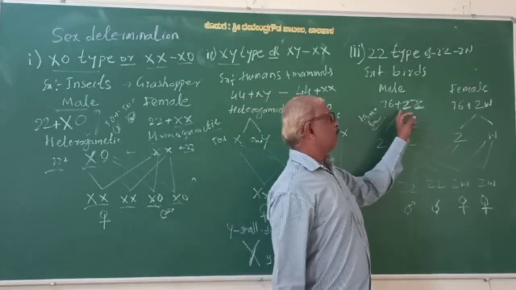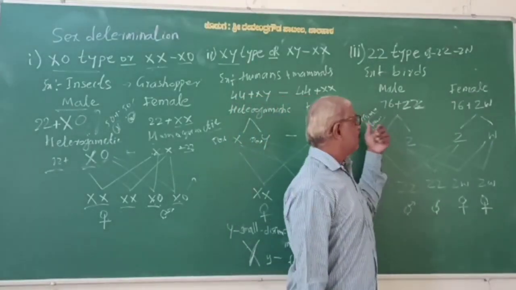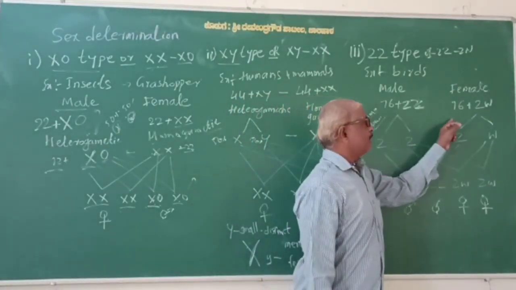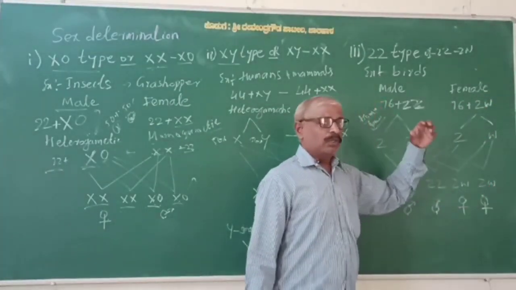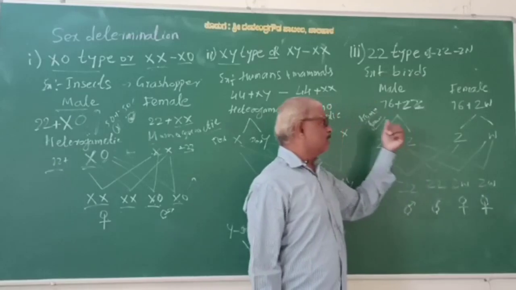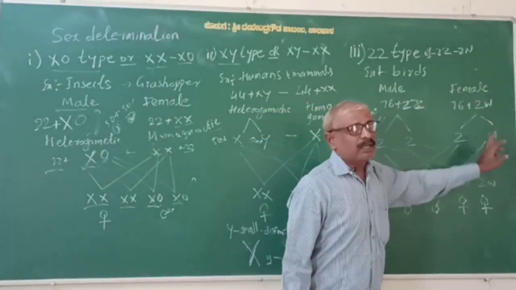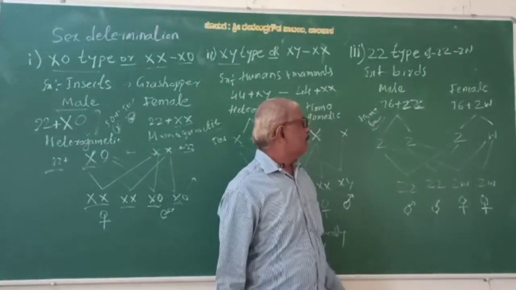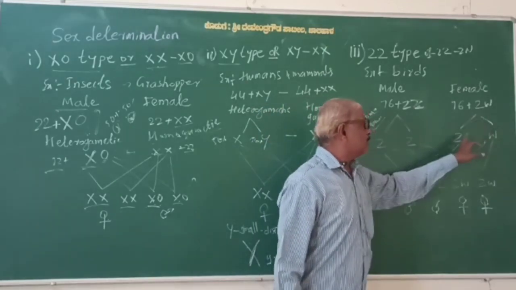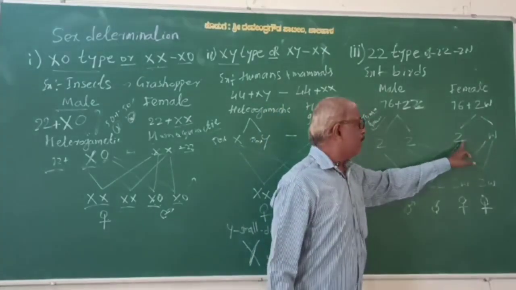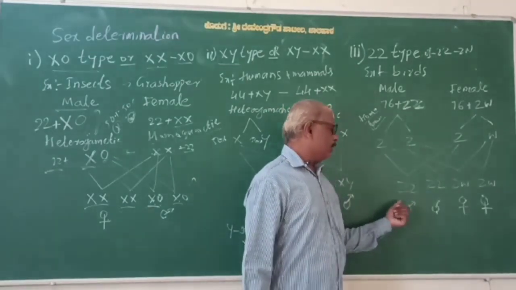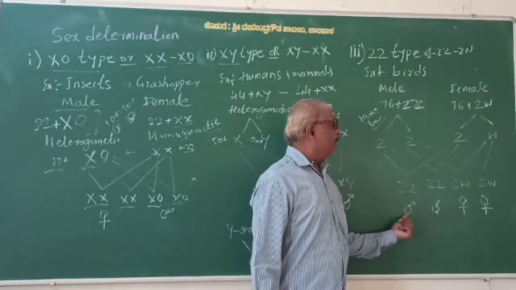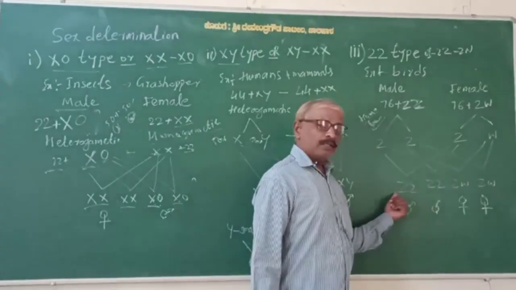So 76 plus ZZ is the male, which is homogametic. 76 plus ZW is the female, which is heterogametic. If the egg carrying Z mixes with the sperm, it is ZZ, so there is no change, and that is the male, because both are ZZ.